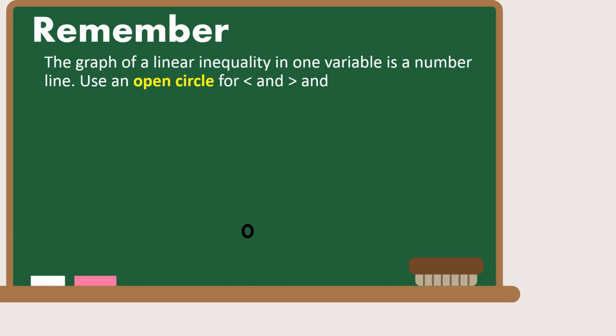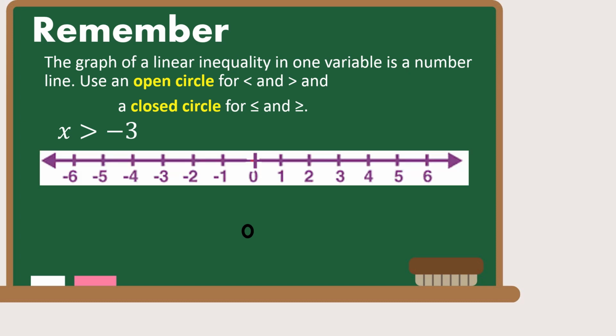Always remember that the graph of a linear inequality in one variable is a number line. Use an open circle for less than and greater than, and a closed circle for greater than or equal to and less than or equal to. We have here the example, x is greater than negative 3. So first, we need to locate negative 3.